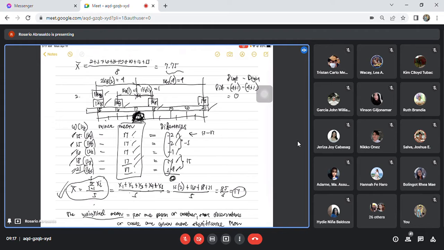So the sum of its differences, the terms minus the mean, is equal to 0. Okay, and let us also look at the distance, class. 17 is our mean.